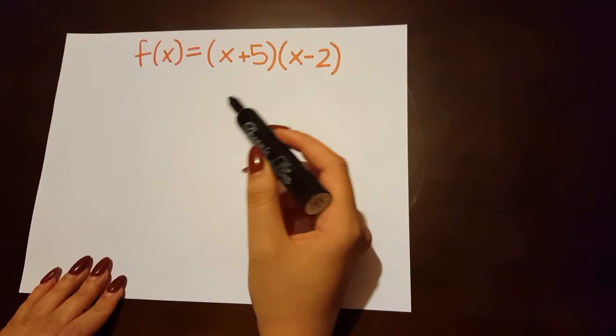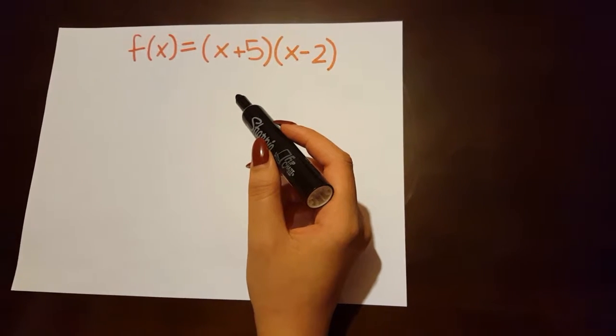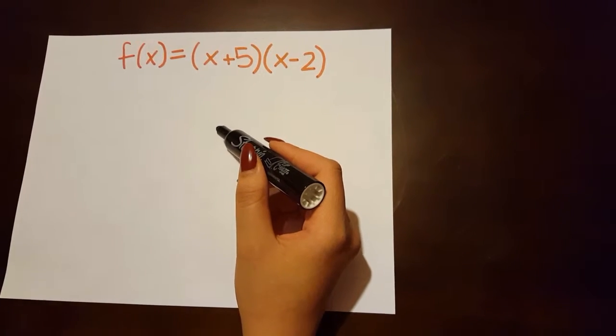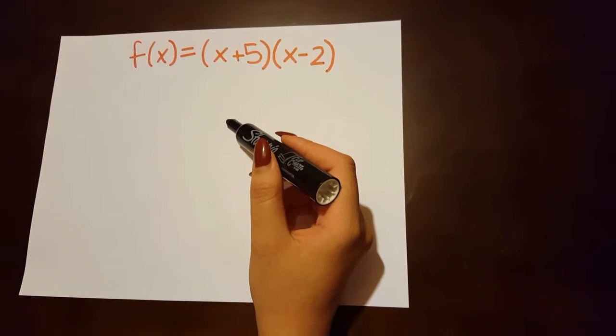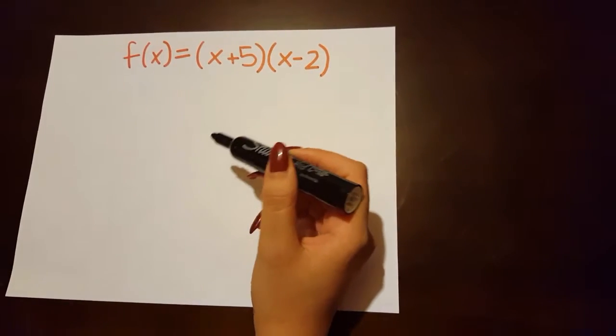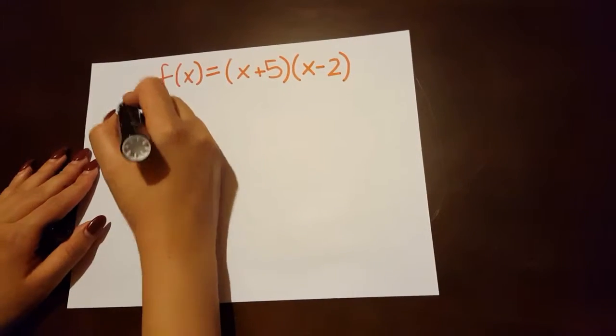Using our prior knowledge, the first thing that pops into mind is to expand it and then find the derivative using the laws we learned in the last lesson. So let's try it. Let's expand it.